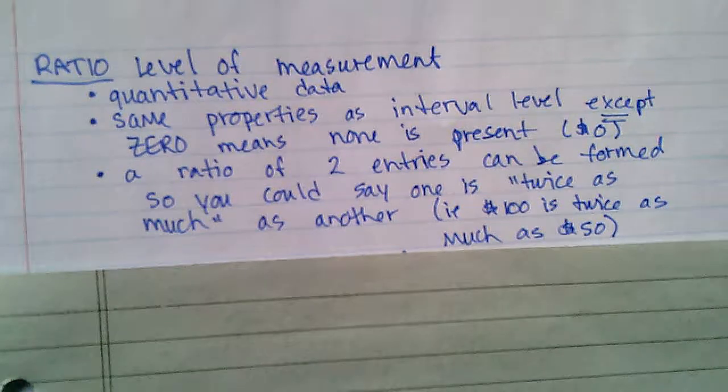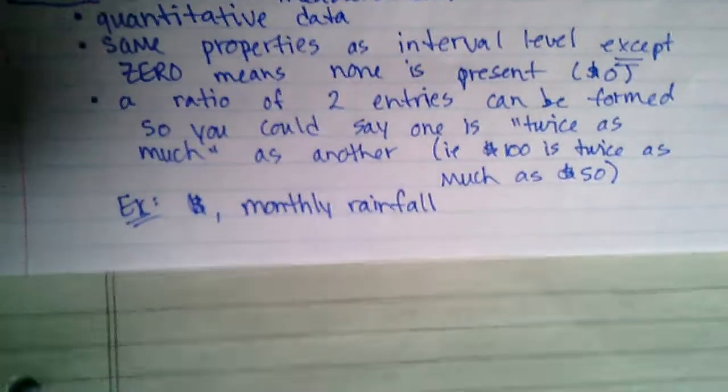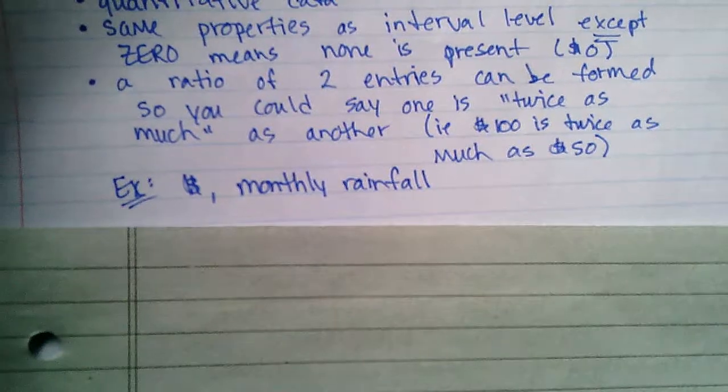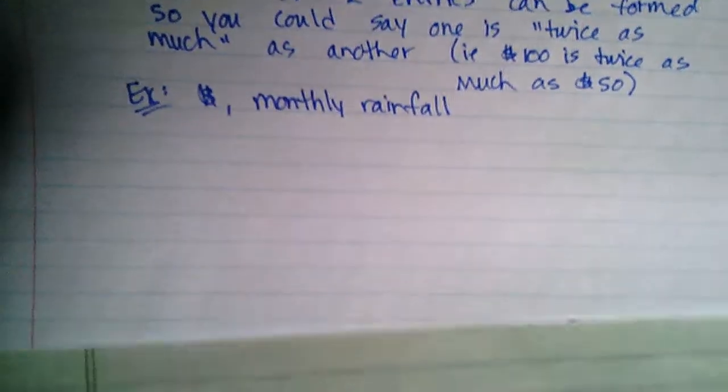So, thinking back to that, like temperature, it does not make sense to say that 100 degrees is twice as much as 50 degrees. Same thing with years. The year 2000 is not twice as much as the year 1000. So there's the difference between ratio and interval. Other examples, obviously we talked about money, but like monthly rainfall, things like that.